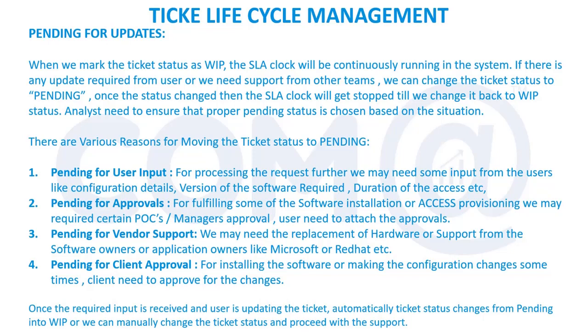Pending for vendor support. What happens here is we have a printer. Somebody is writing an issue, creating a ticket mentioning that the printer is not working. We are analyzing the issue and moving the ticket into work in progress. We are logging into the printer and verifying everything. We are opening the printer and checking the physical components also.